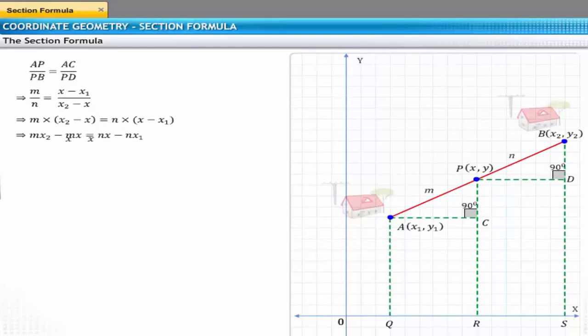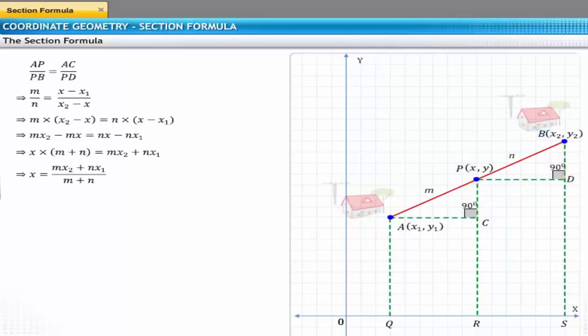Rearranging the expression, you get x multiplied by m plus n is equal to mx2 plus nx1. Simplifying the expression, you get x is equal to mx2 plus nx1 divided by m plus n. Similarly, you can substitute the values for sides PC and BD.